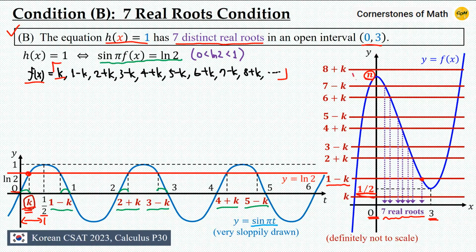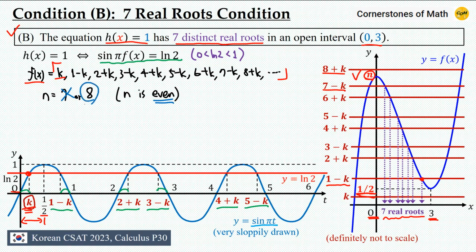And this graph finally gives us the value of n. Notice that 7 minus k is here and 8 plus k is here, so n can be either 7 or 8. But we have already shown that n must be even, from the previous local maximum condition. So n equals 8. So we have finally obtained the value of n.